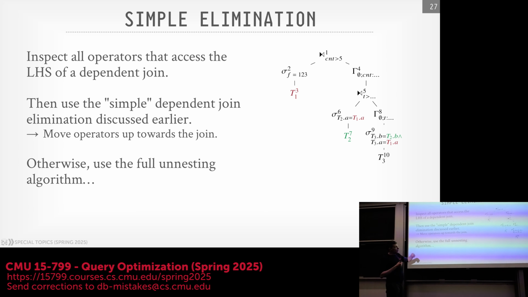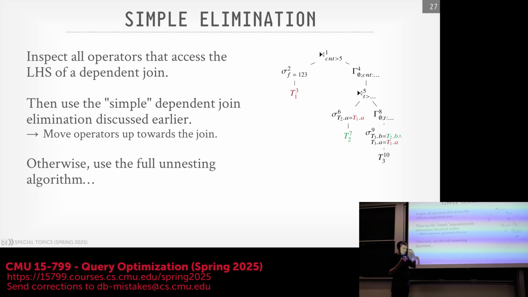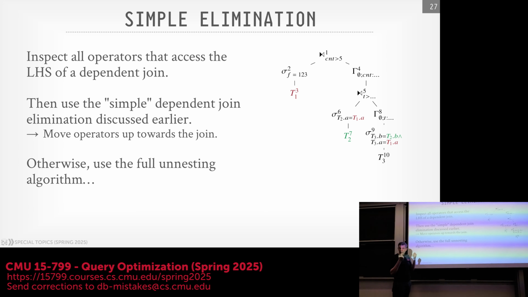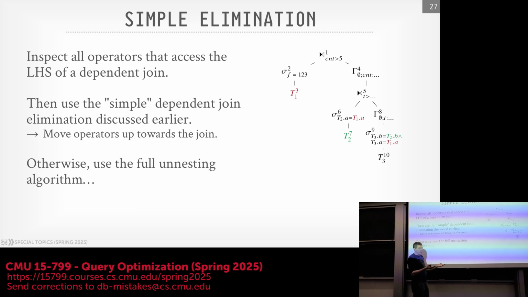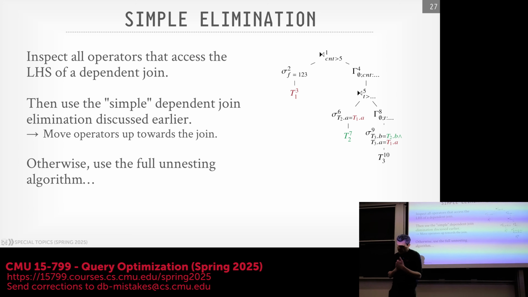Otherwise, I have to start doing this recursive rewriting going down from the first dependent join and do that same thing where I'm trying to move things up and switch things around so that I end up decorrelating any of my references.